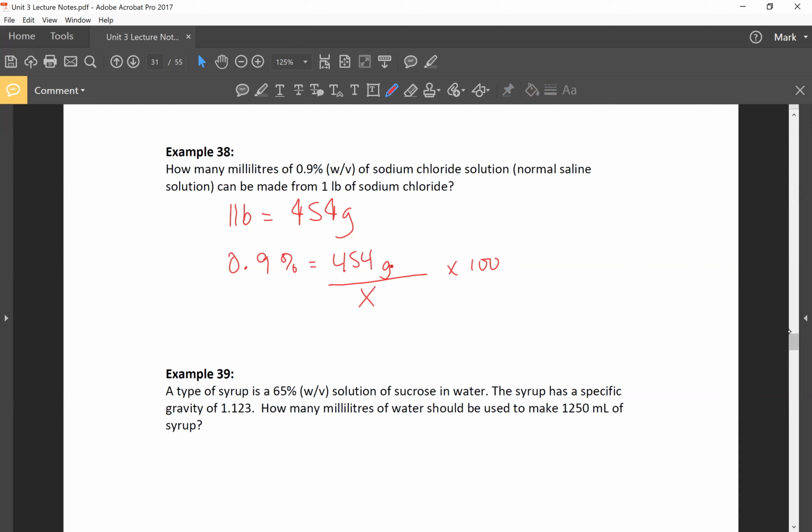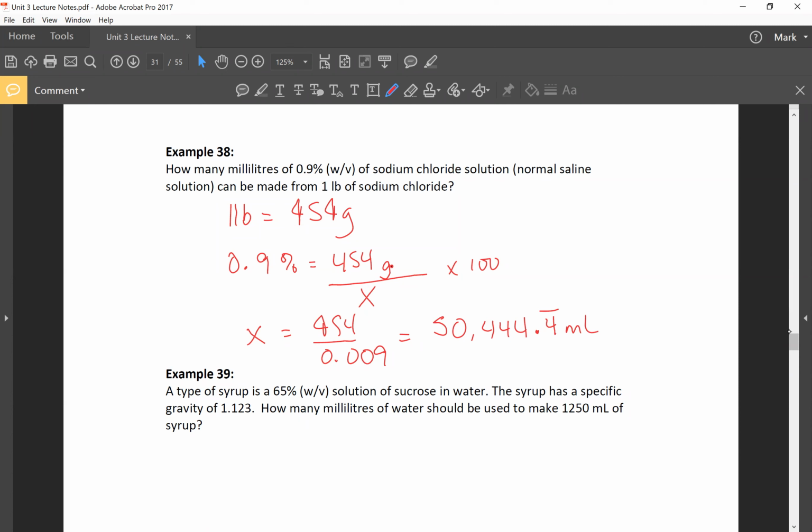So very simply, X is going to be 454 over 0.009, and we'll get our answer. I skipped a couple steps there with the math, with rearranging, but if you guys got any questions about that, let me know. And I end up getting a very large number, 50,444.4, and it's actually 4 repeated, milliliters.